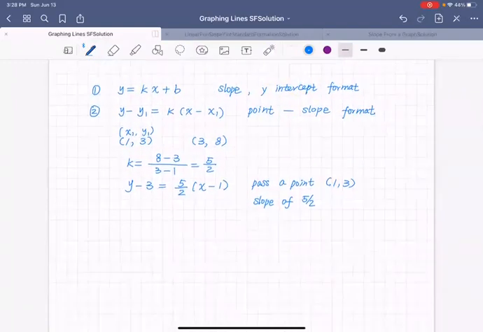The third format is called standard format. You have ax plus by equals c.